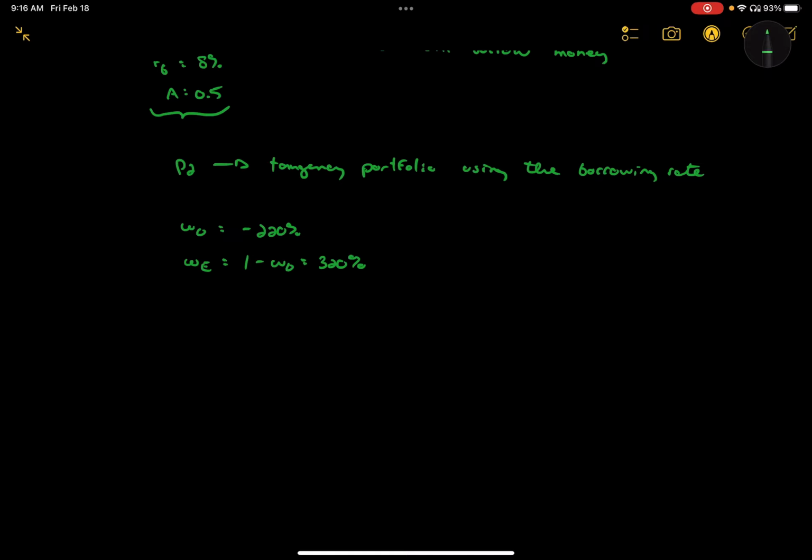So the next step is to find the optimal allocation between the borrowing asset and the tangency portfolio. So first we need to find the expected return of that portfolio and the variance of that portfolio. So expected return, you should know this by heart by now.